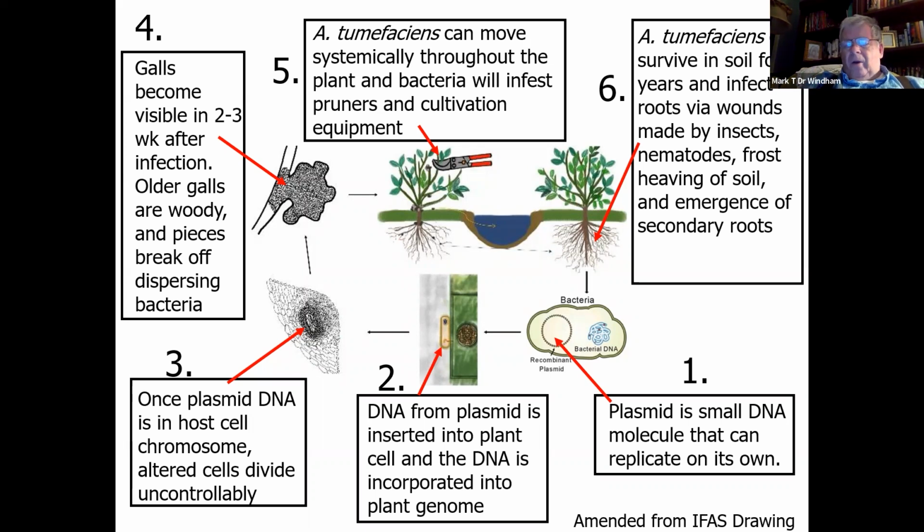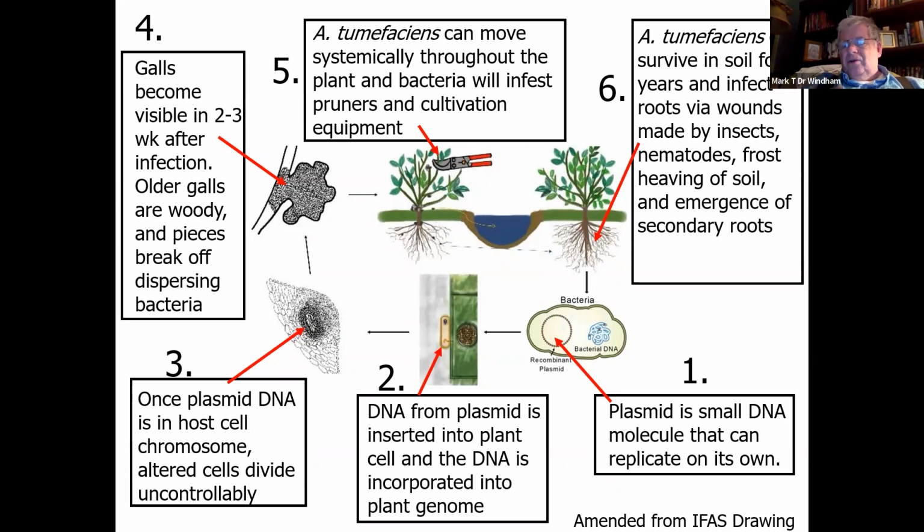Now, Agrobacterium, in number 6, can persist in the soil for many years. And that is because it becomes an organic matter decomposer in the soil. So it can live on organic matter in the soil, whether it's dead roots, whether it's organic matter that you have added to the rose bed, whatever.